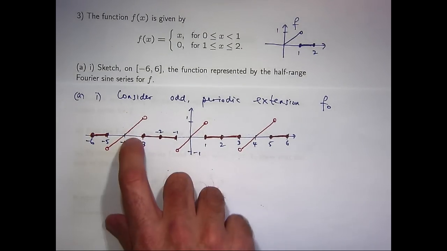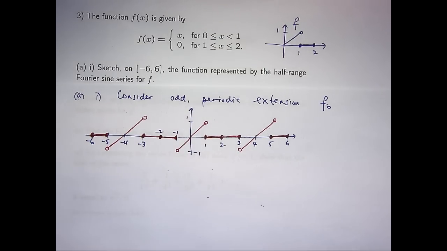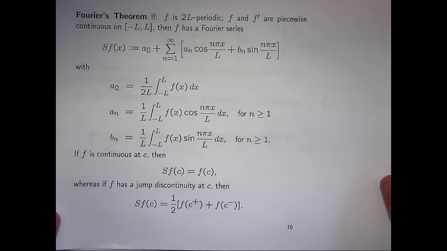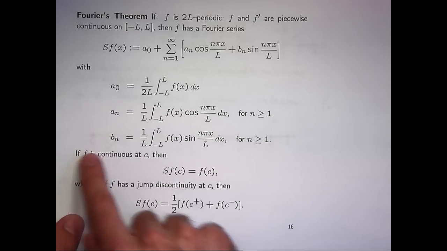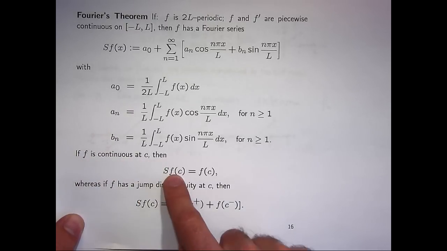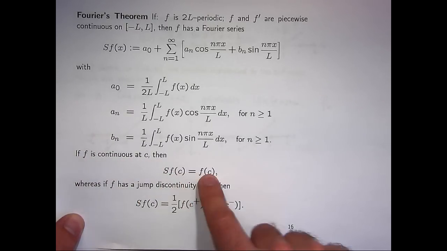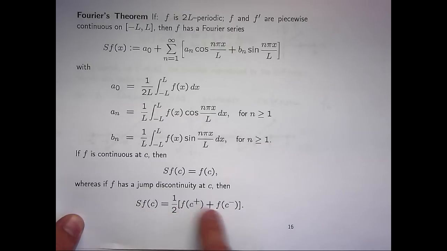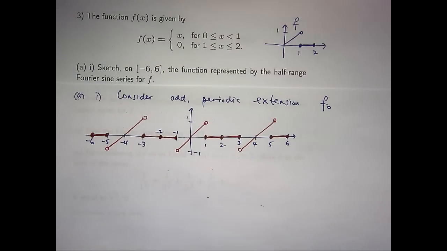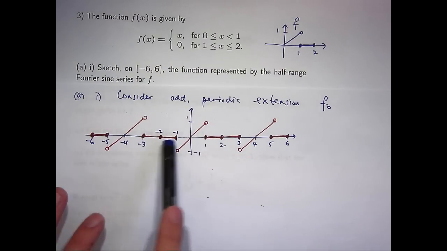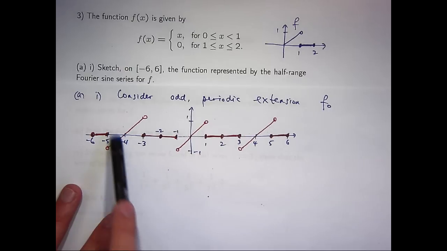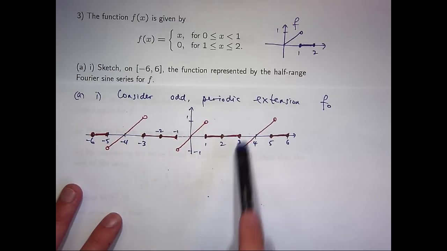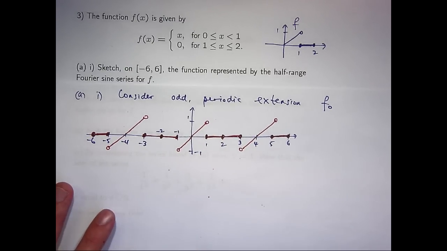Now to sketch the half-range Fourier sine series, essentially you can use Fourier's theorem, which says that if f is continuous at some point, then the value of the Fourier series and the function are the same. Whereas if f has a jump discontinuity at the point, then the Fourier series is the average of these two limits. So what I'm going to do is go, okay, where are the jump points? Well, -5, -3, 1, 3, and 5.